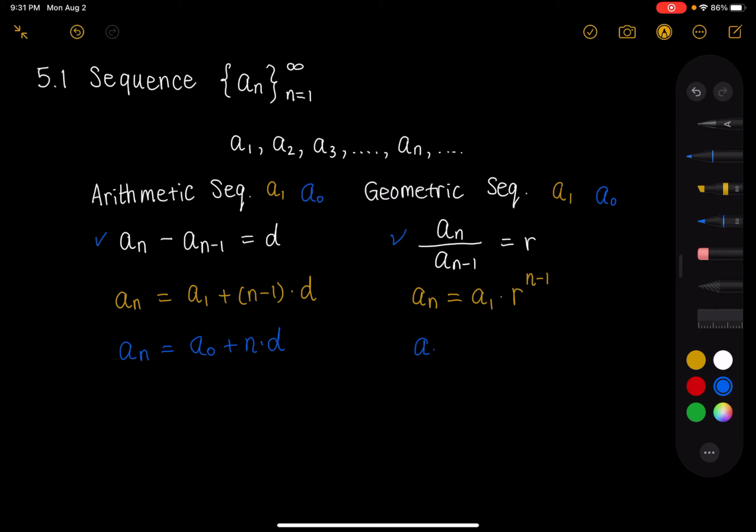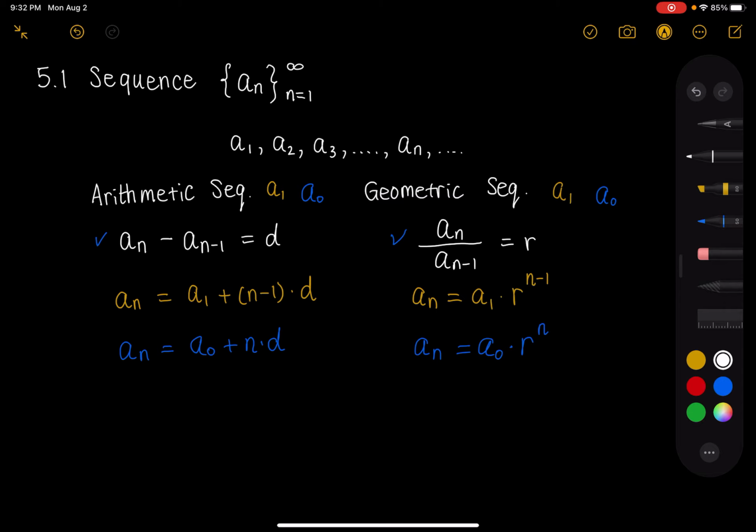Similarly, a_n for a geometric sequence equals a_0 times r to the nth power. These are just minor differences. The more you study and encounter these sequences, the easier it is to understand the slight difference in the general formula.